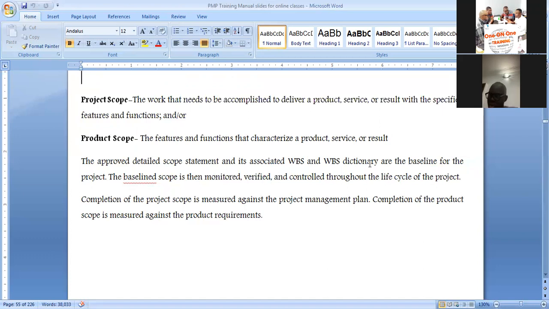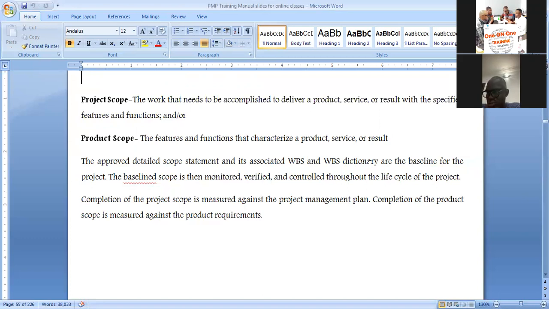The work that is required for us to accomplish the job, or to create the product, or to carry out the service, becomes the project scope.